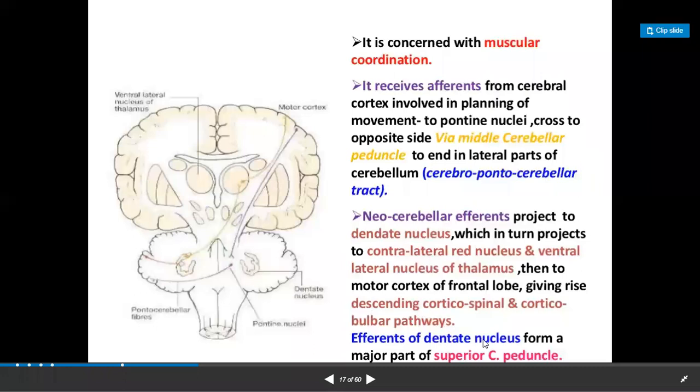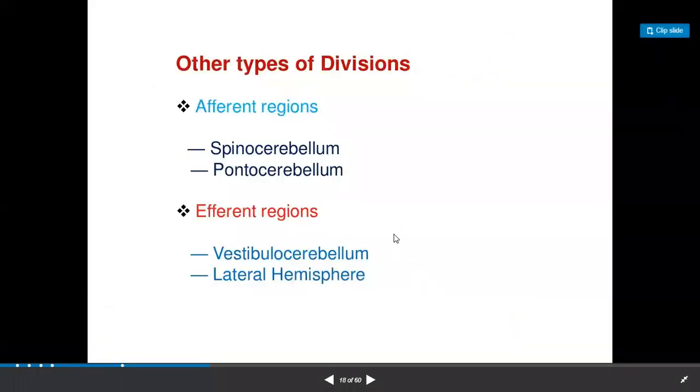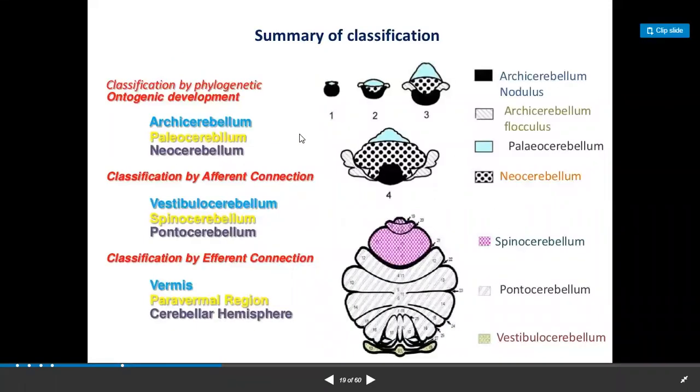The efferents of the dentate nucleus form a major part of the superior cerebellar peduncle. The other types of divisions, which you should have studied even in physiology: the afferent regions, we have spinocerebellum, pontocerebellum; efferent regions, vestibulocerebellum, lateral hemisphere. Now from this picture, a summary of classification.